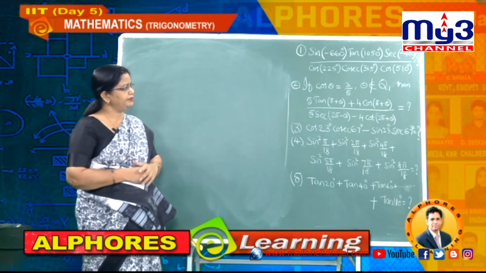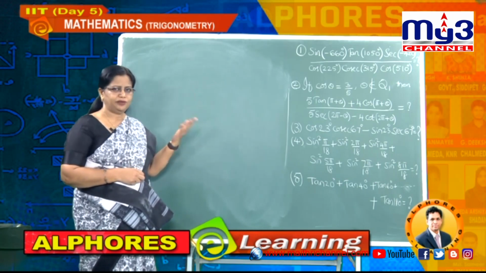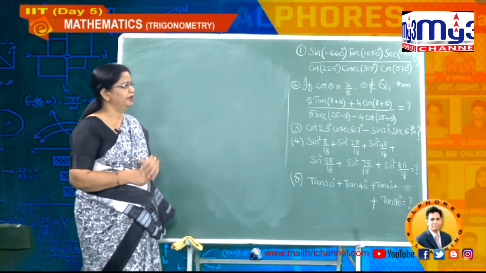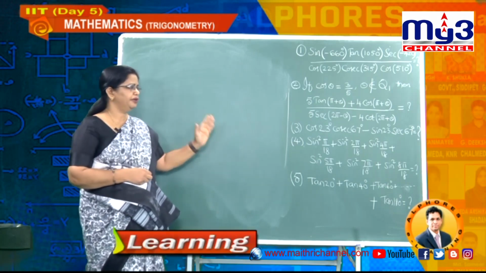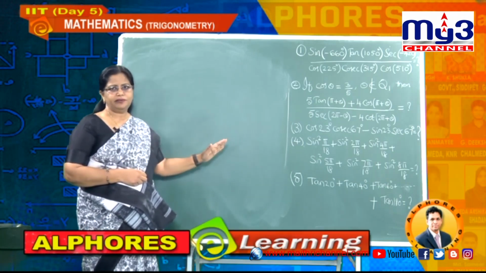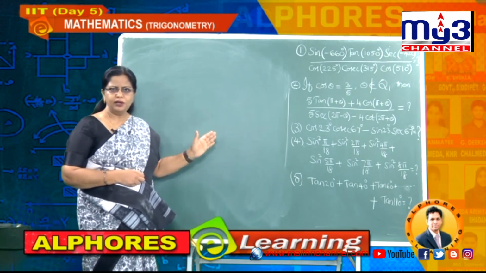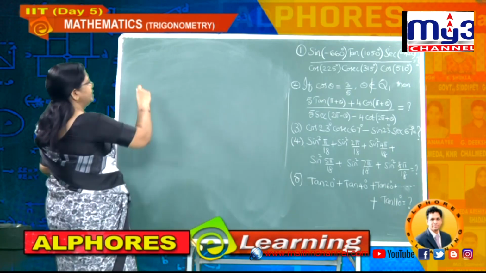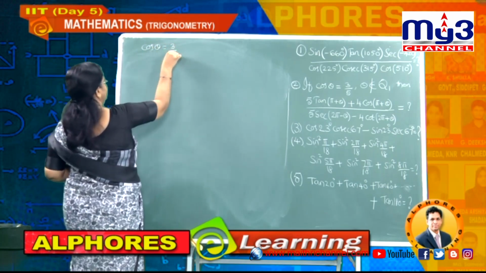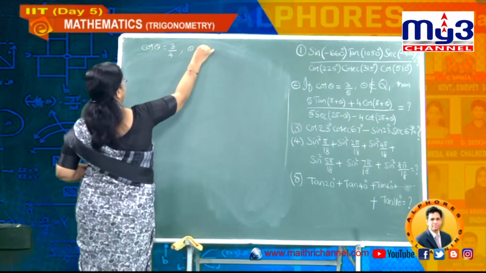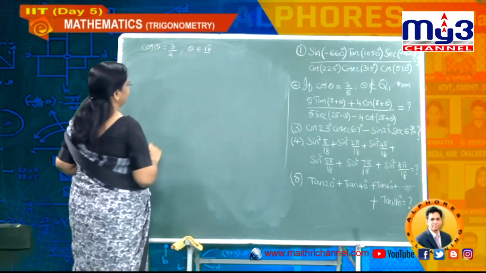It is not in the first quadrant means where theta lies, obviously the fourth quadrant. So you got now one clarity, that is cos theta equal to 3 by 5, theta is not in the first quadrant, implies theta is in the fourth quadrant. So cos theta value is given as 3 by 5 and theta is in the fourth quadrant. So this clarity we got now.